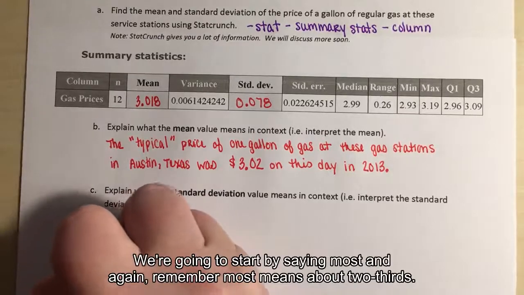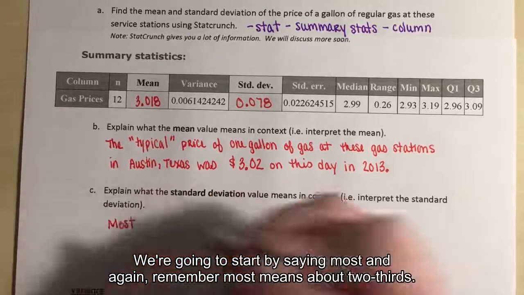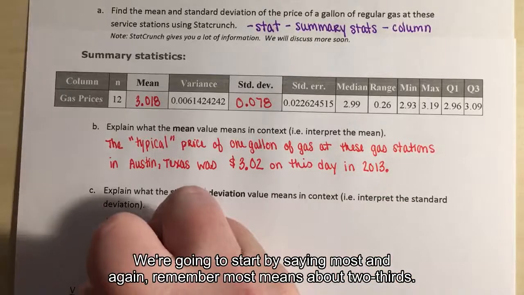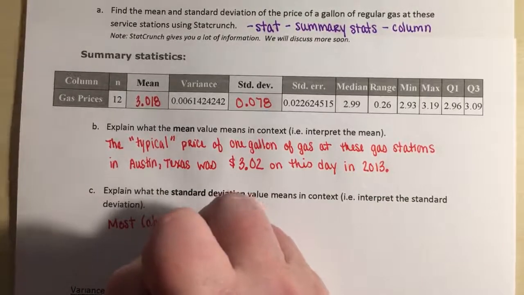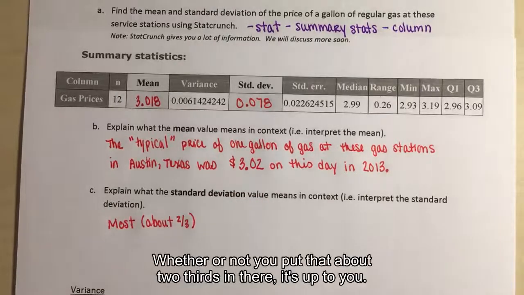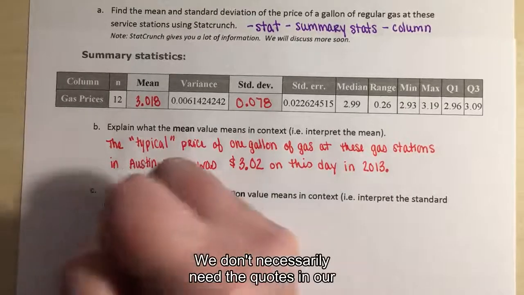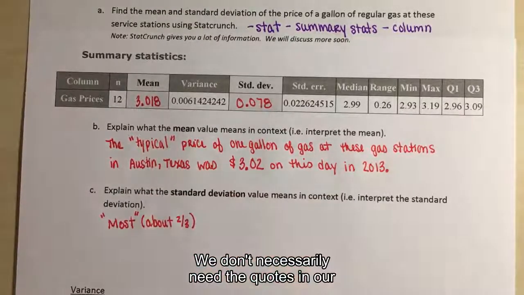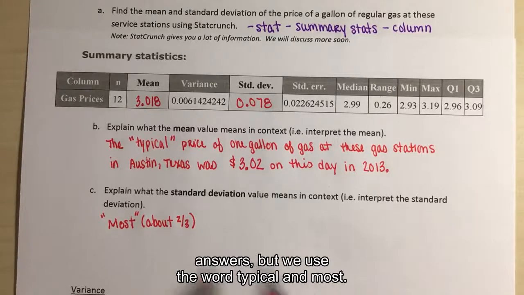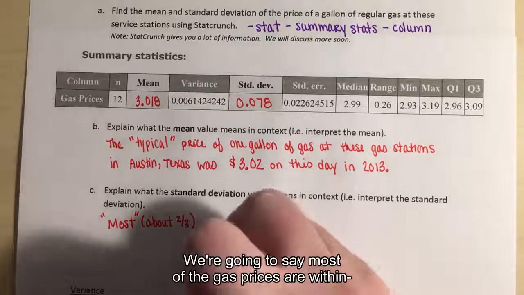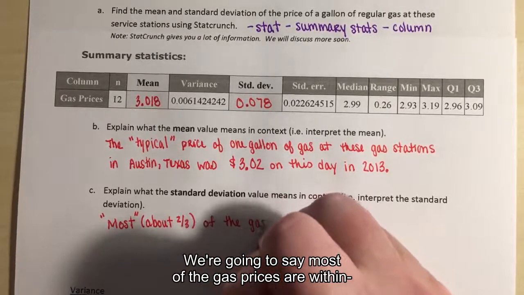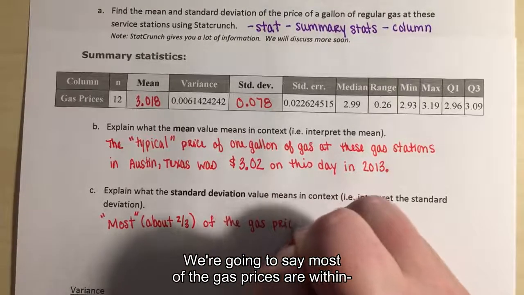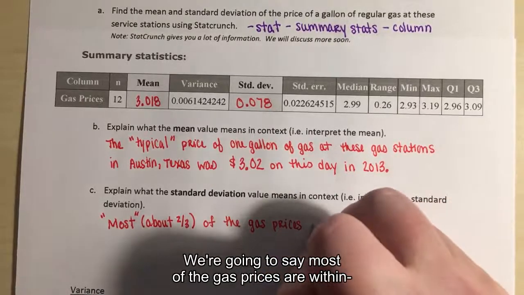So we're going to start by saying most. Right, and again, remember, most means about 2/3. Right, whether or not you put that about 2/3 in there, it's up to you. Right, we don't necessarily need the quotes in our answers, but we use the word typical and most. So we're going to say most of the gas prices are within.